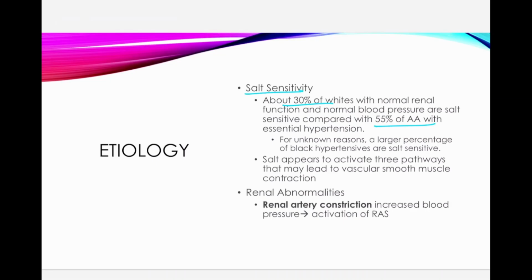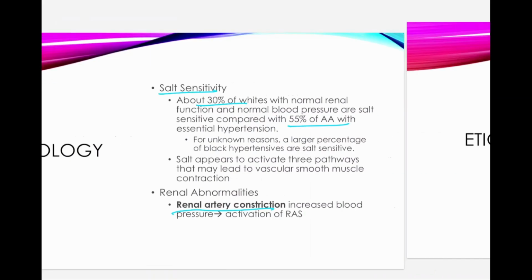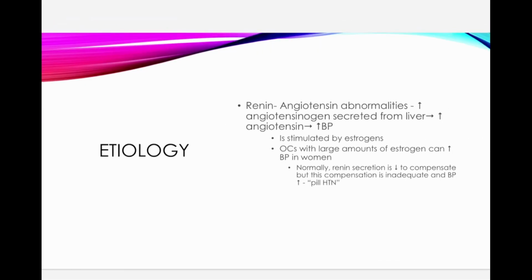Renal abnormalities, here's our renal artery constriction, renal artery stenosis. It's a blockage of the artery, tricking the body into thinking we have low pressure, and you activate the RAS system. Renin-angiotensin abnormalities. This is stimulated by estrogens.